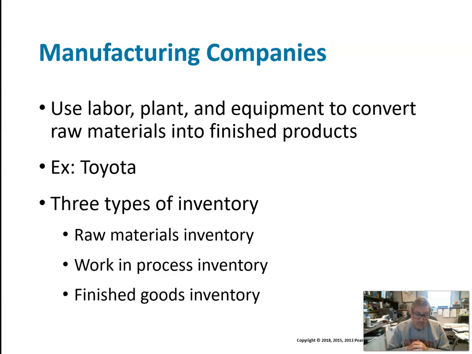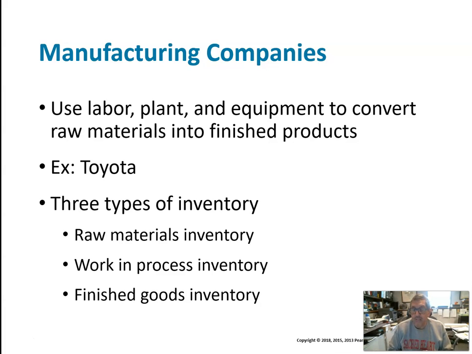All manufacturers have significant levels of inventory. Inventory is an area where lots of cost is generated. Because of the nature of the way a manufacturer works, their inventory is typically separated into 3 categories. All right, we have the raw materials that we need to actually begin to transform to create the finished good, whatever the finished good is.